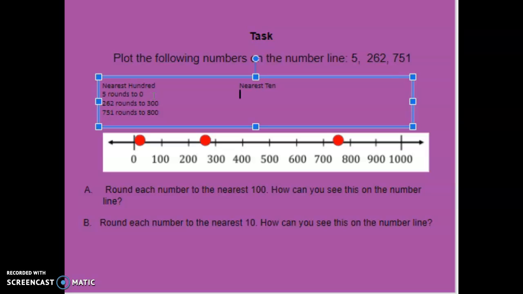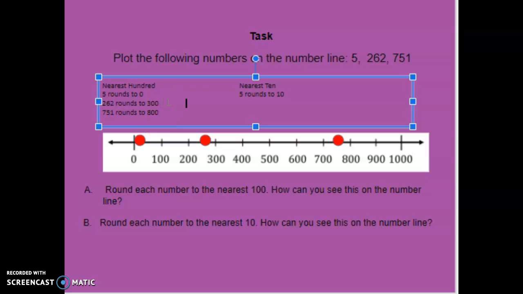If we remember that 5 is our benchmark right between 0 and 10, it is half of 10. So we're going to round that one up because we learned in our song that if it's 5 or more, we raise the score. We go to the next 10. So 5 rounds to 10.